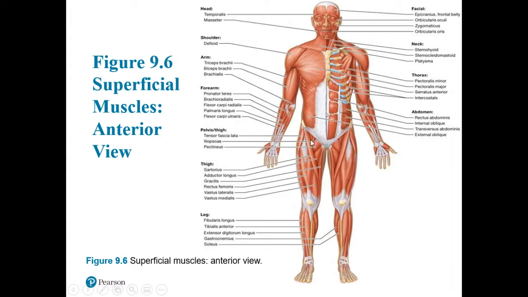Iliopsoas. Yeah, so here's the iliopsoas. It's going to originate on the internal iliac crest, and then it's going to insert onto the proximal femur. Okay, so again, it inserts onto the proximal femur to play a synergistic role in flexing of your leg, but to the front, if you will.